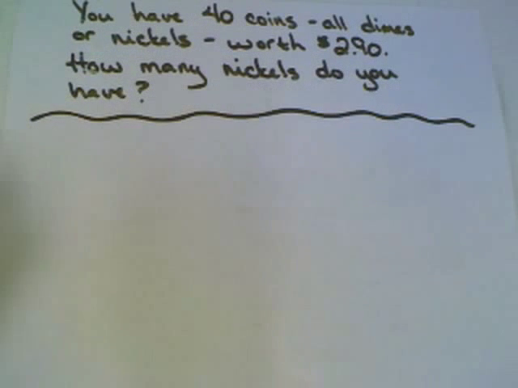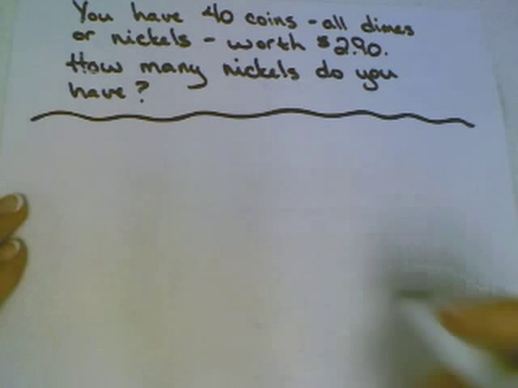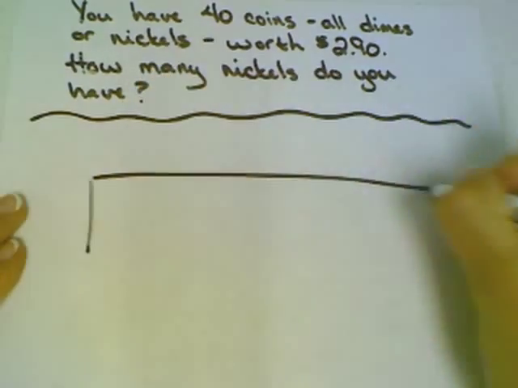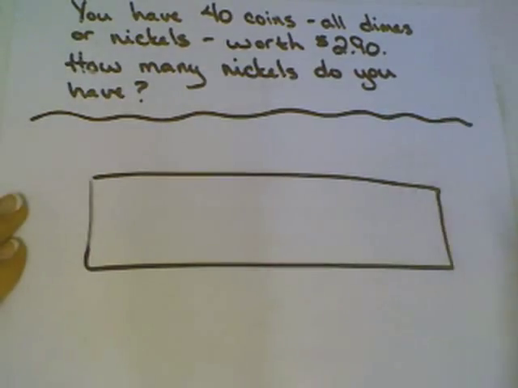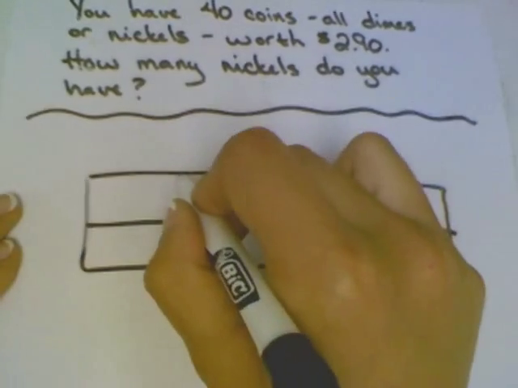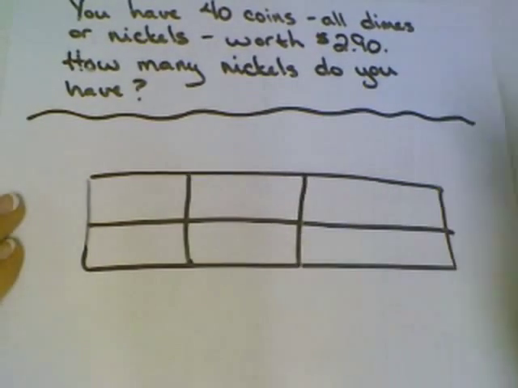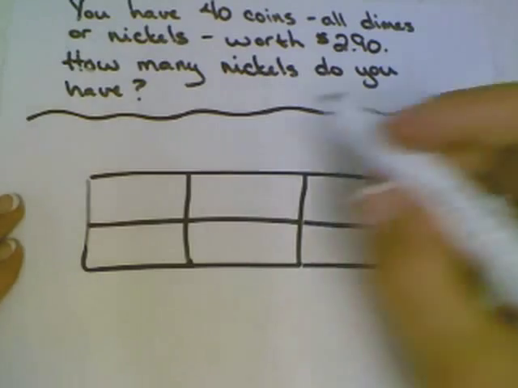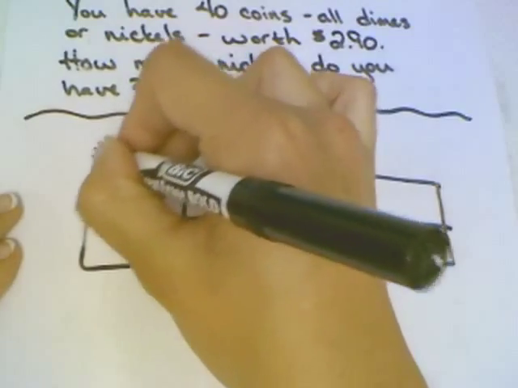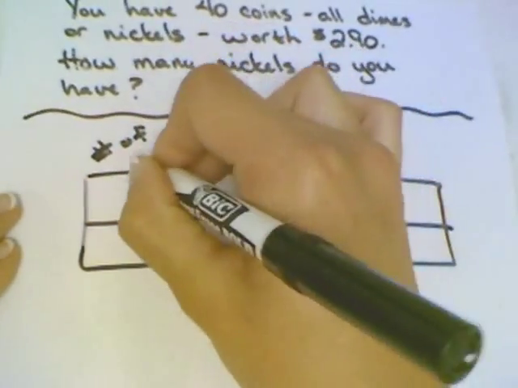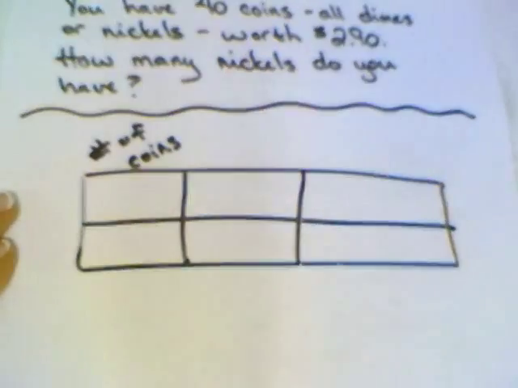You have 40 coins, all dimes or nickels, worth $2.90. How many nickels do you have? Well, as we've been doing in this section, I'm going to set up a chart. And like all of the questions in this section, my first column is going to be the number of pieces I have, and in this case, they're coins.